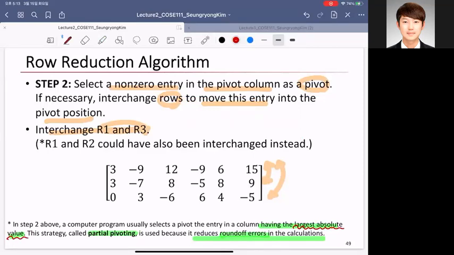So in this case, 3 and 3 are equal, so you don't need to consider. But if this value is much higher than this one, for example 11, then we have to choose row 2 as a candidate. Okay, so this is called partial pivoting.